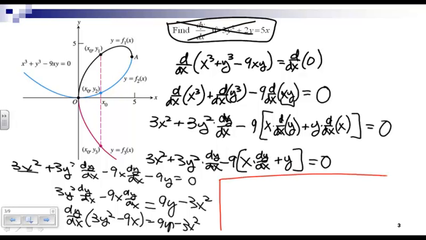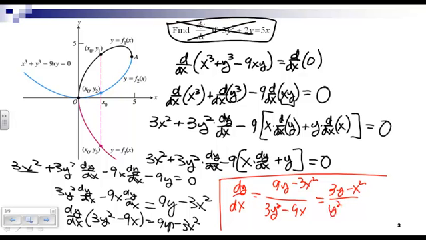Giving me my final answer of dy dx is equal to 9y minus 3x squared divided by 3y squared minus 9x. Absolutely great idea. Take a 3 out and we're left with 3y minus x squared over y squared minus 3x.